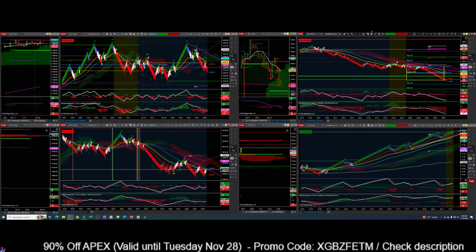A little bit extended already for me to take any trade here.